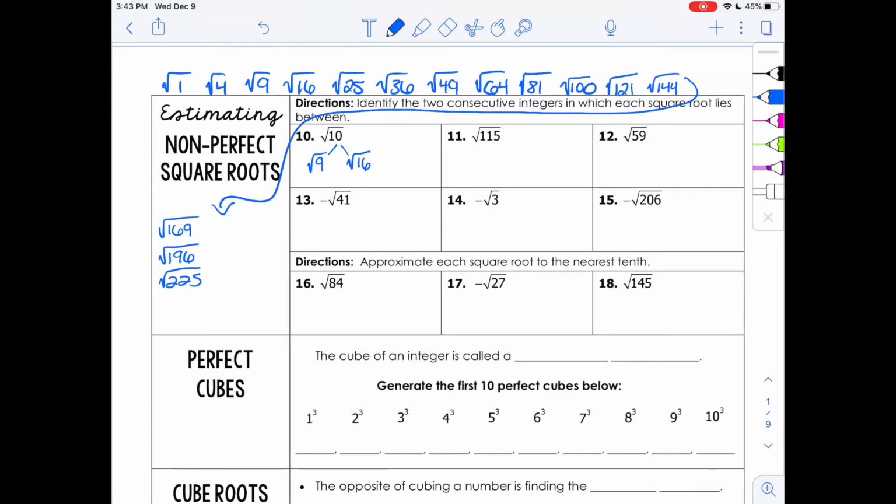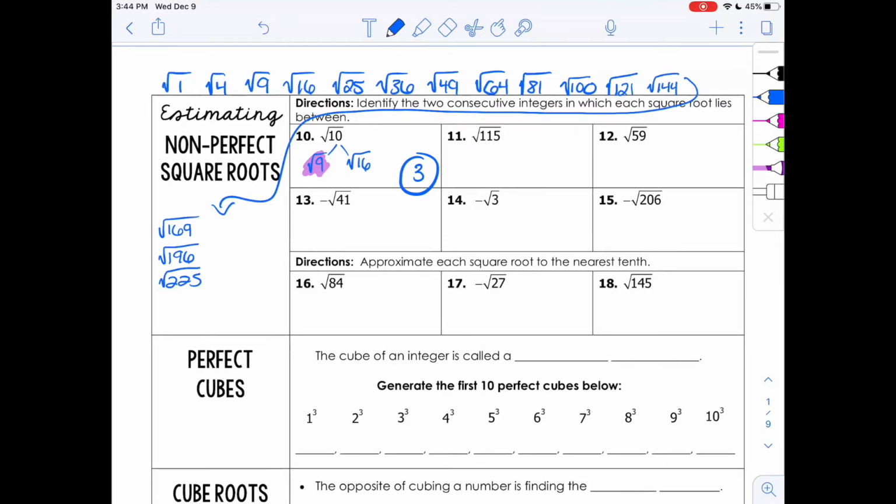Now, the number 10 is closer to the number 9. So if we're estimating, the square root of 10 would round to 3. If you put the square root of 10 into your calculator and round it to the nearest whole number, it would round to 3.